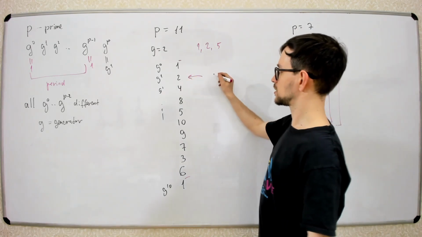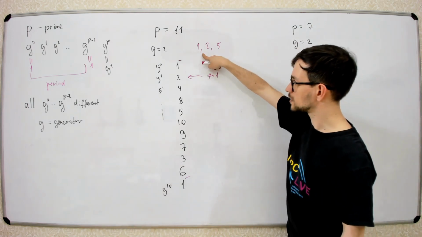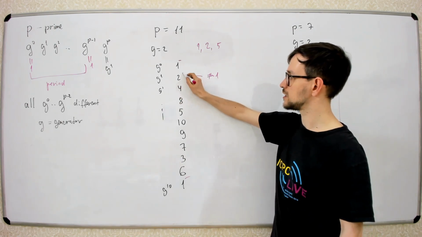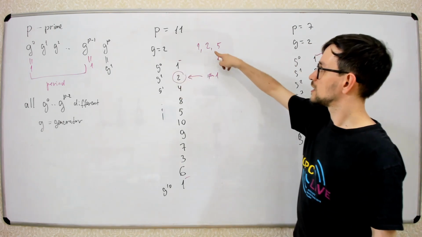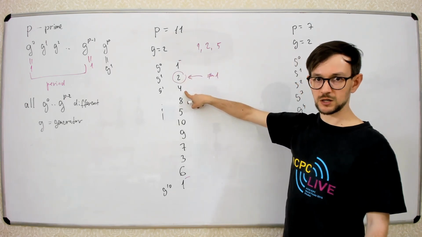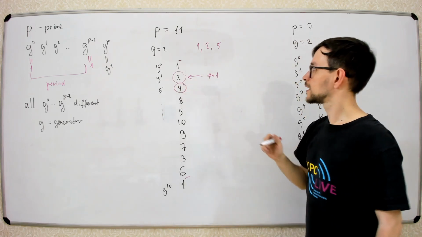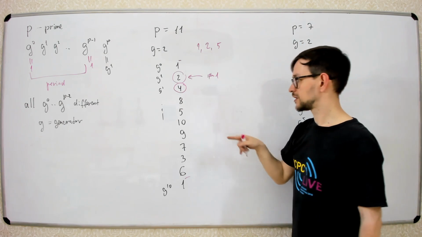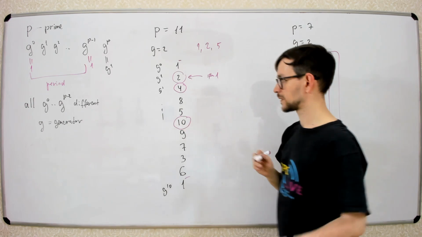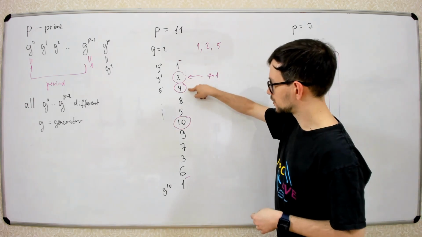I need to check this position and check that it is not 1. If the period is 1, then g power 1 must be 1. If the period is 2, then g power 2 must be 1, so I check this position. If the period is 5, then g power 5 must be 1, so I check this power. So, to check if number g is a generator, I only need to check these 3 positions.